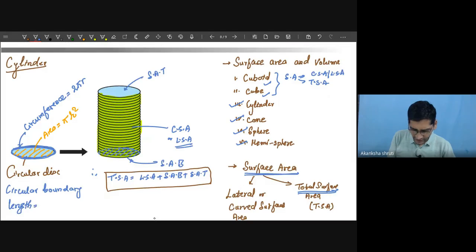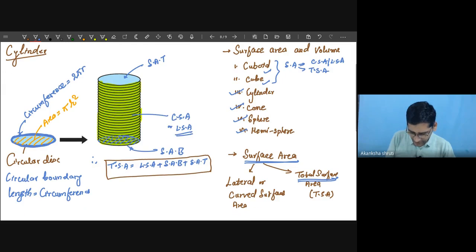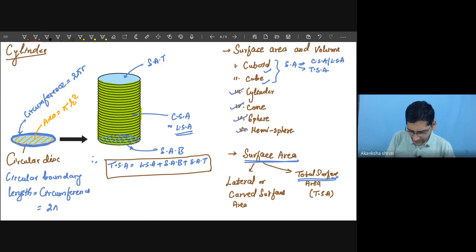This circular boundary length, what is marked here in this blue color, is called circumference, and this is calculated by 2 pi r.